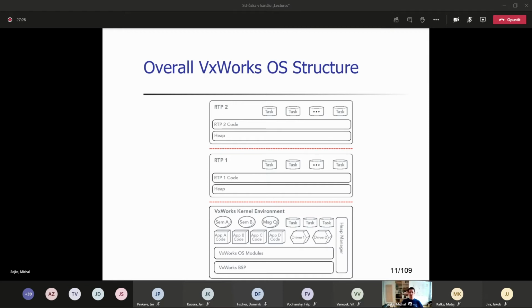What is fancy in VxWorks is that there are some algorithms inside or some design which is more suitable for real-time applications than, let's say, general purpose operating systems. So now we are going to start talking about different aspects of VxWorks, and I will jump from one topic to another, explaining how things are implemented there and which API to use.